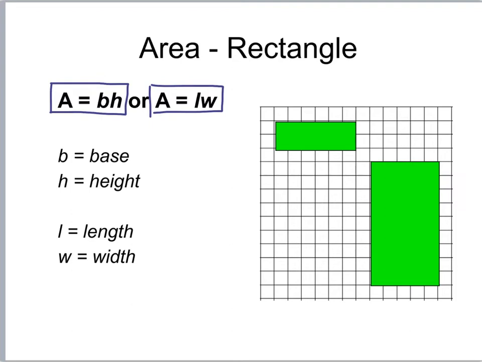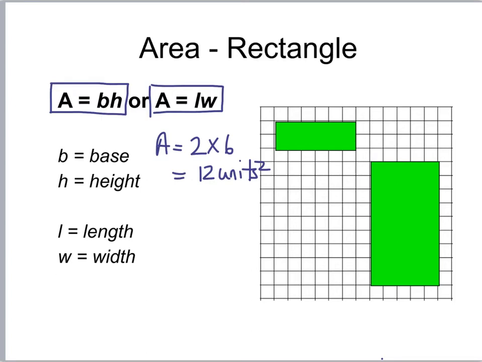So let's look at our first rectangle. It is 2 units by 1, 2, 3, 4, 5, 6. So the area of that first rectangle would be 2 times 6, which is going to be 12. And again, I'm going to put square units as the unit of measure. And in the second one, our rectangle is 1, 2, 3, 4, 5, 6, 7, 8, 9 units by 1, 2, 3, 4, 5.